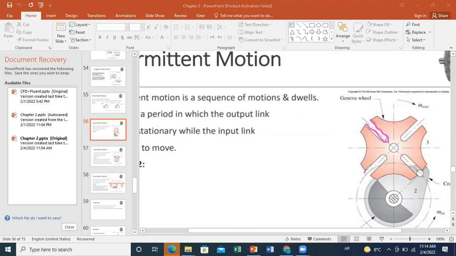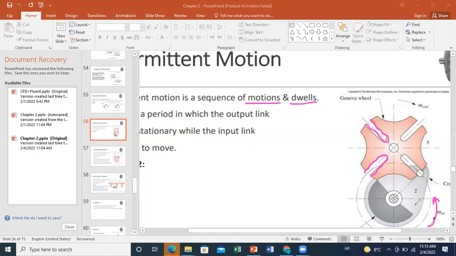And these slots will allow rotation of the wheel. How? You have a crank system that is rotating continuously, but for the Geneva wheel, the effect of rotation of the crank will not be the same at any instant, because you will have some parts of motion and others of dwell of your Geneva wheel. How can you create this?